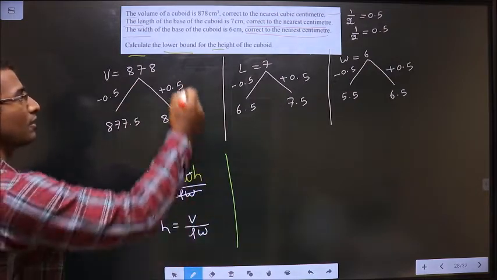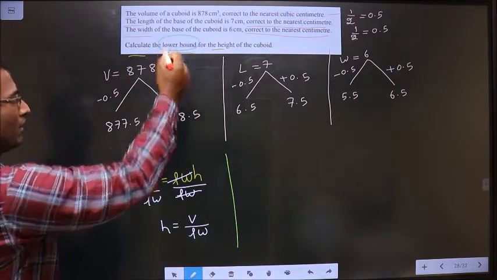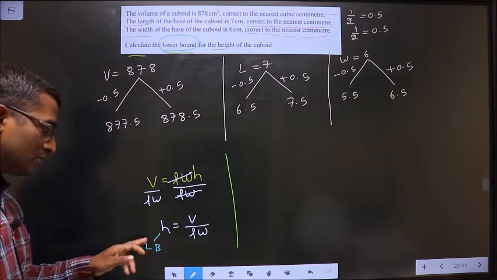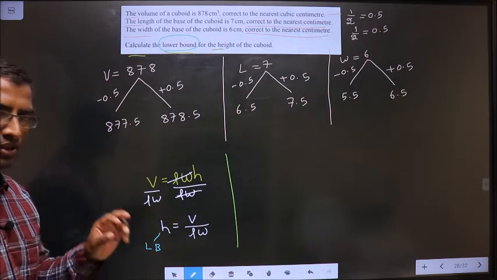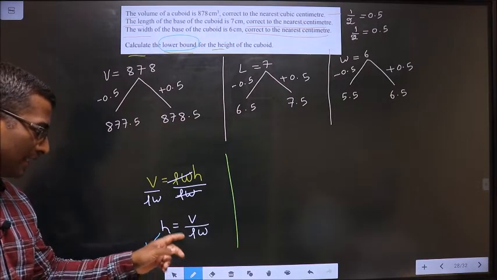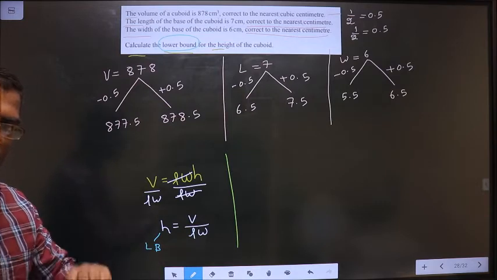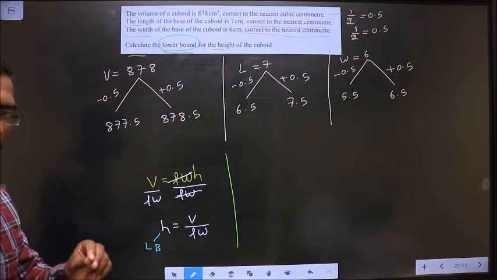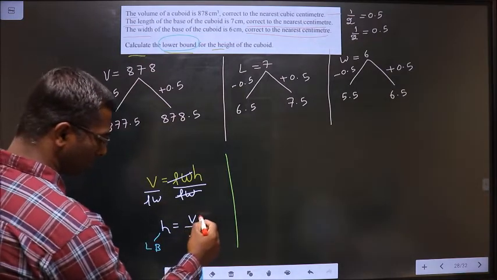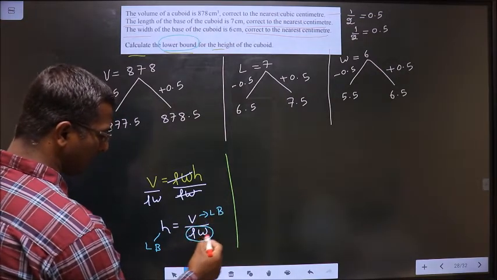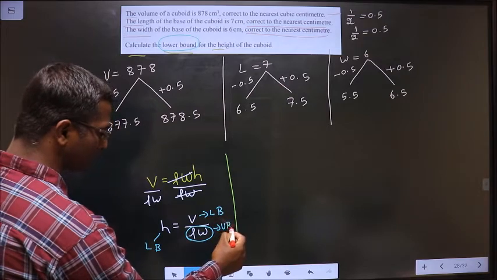Now you need lower bound for h. So h should result in lower bound. So analyze. Here this is a fraction. Fraction should result in lower bound. That could only happen if in the numerator you take lower bound and the denominator should be upper bound.